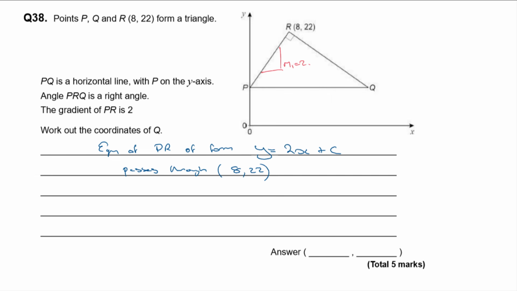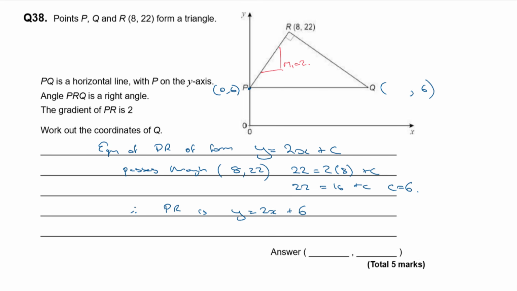That point R. So if we sub those in, we get 22 is equal to 2 lots of 8 plus c. 2 lots of 8 is 16. So c must be equal to 22 minus 16. c is 6. And therefore, PR is y is equal to 2x plus 6. So that point there must be 0, 6, mustn't it? Because that's the y-intercept. So we know one coordinate of Q now.